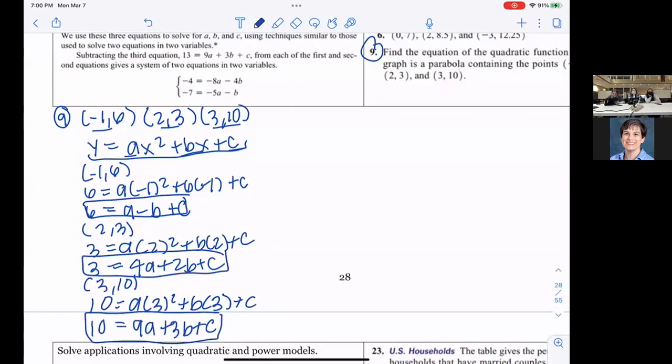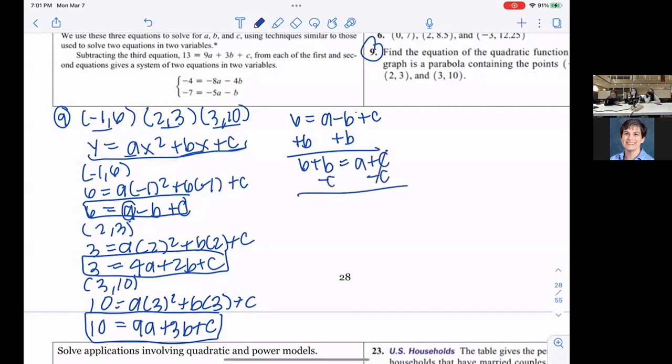So what we're gonna do is solve for one of these variables in one of these equations. So for this first equation, we're gonna solve for A so that we can substitute in the different variables for A. So if we're given 6 equals A minus B plus C, if we add B to both sides, we'll get 6 plus B equals A plus C, and then we're gonna subtract C from both sides.